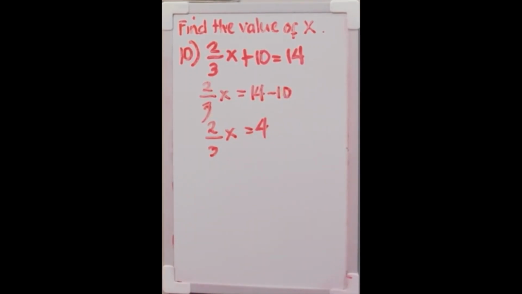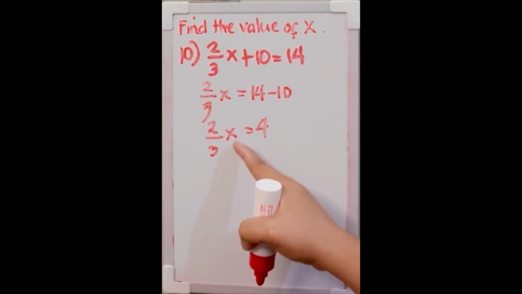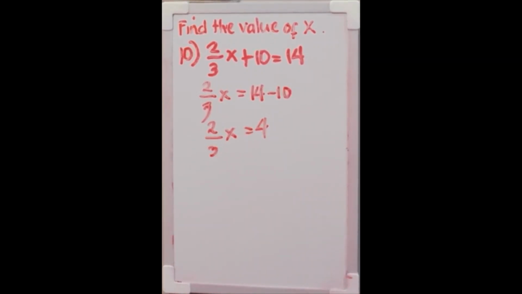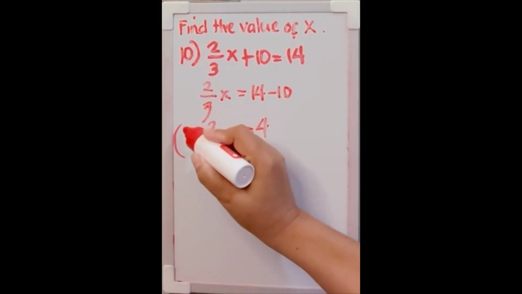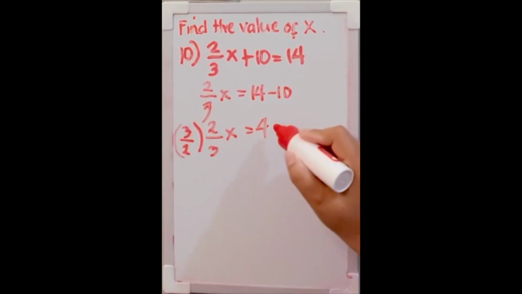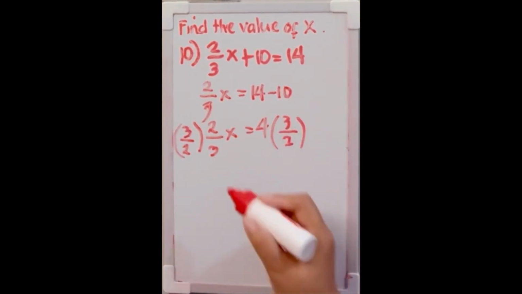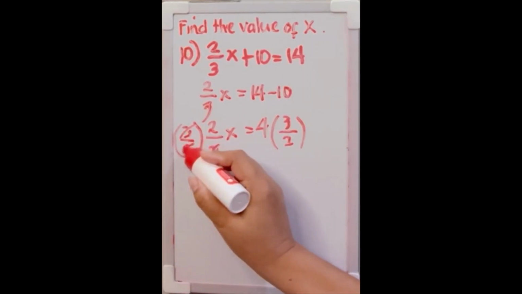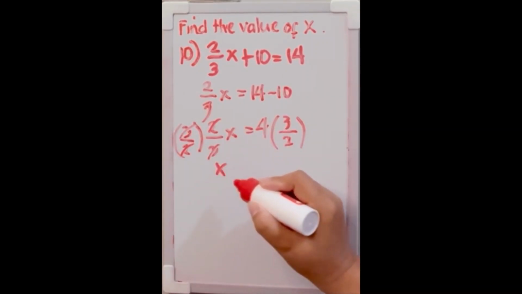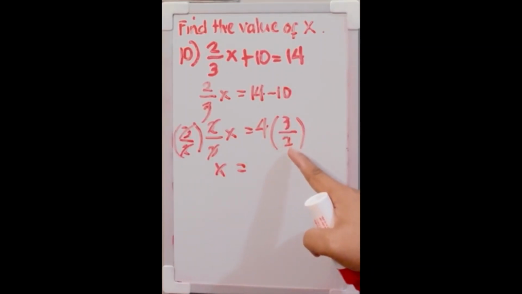This is 4. Now we need to remove 2 over 3 here so that x will be left because we need to find the value of x. We can do that by multiplying both sides of the equation by 3 over 2. So 3 over 2. So now this is cancelled and cancelled. So what is left is x equal to 4 times 3 over 2.